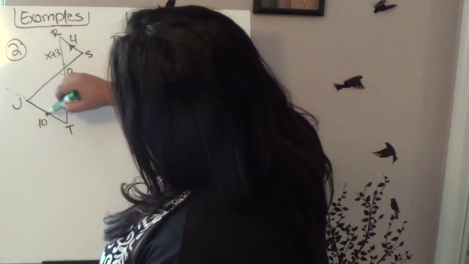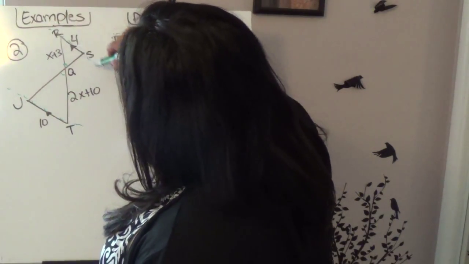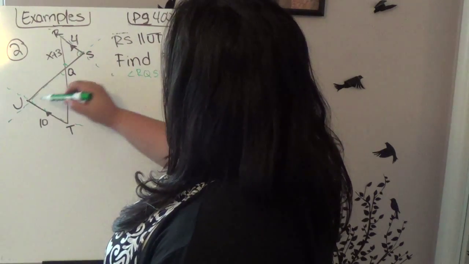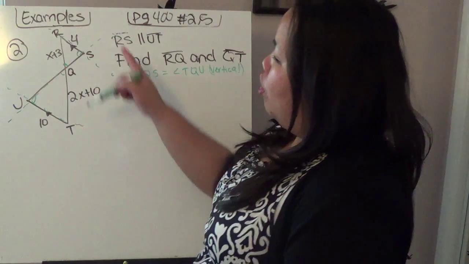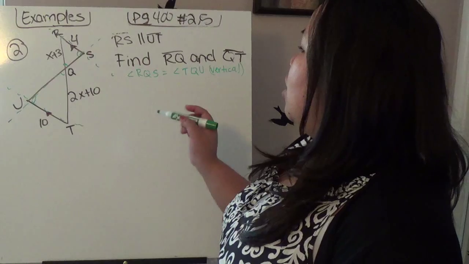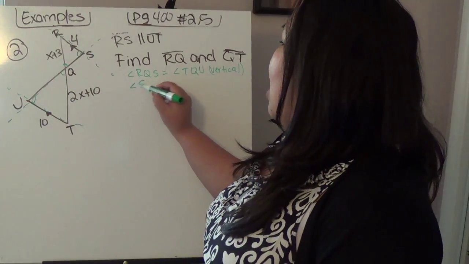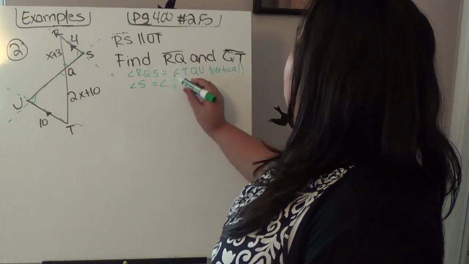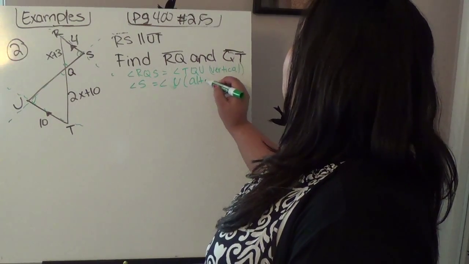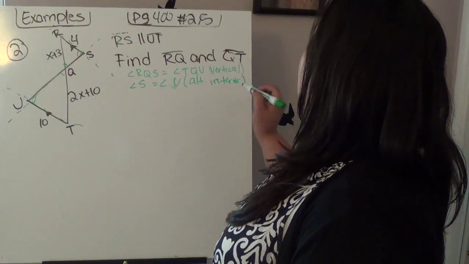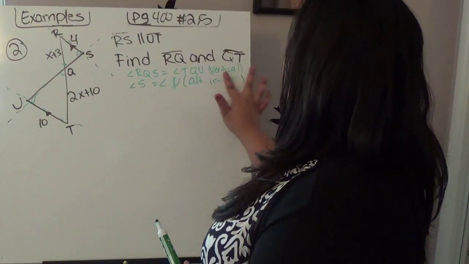So this is parallel to this. And if we count this as a transversal, what kind of angles are these? Well, those are interior angles. So angle S equals angle U because of alternate interior angles. Okay? Sorry, that's alternate interior.